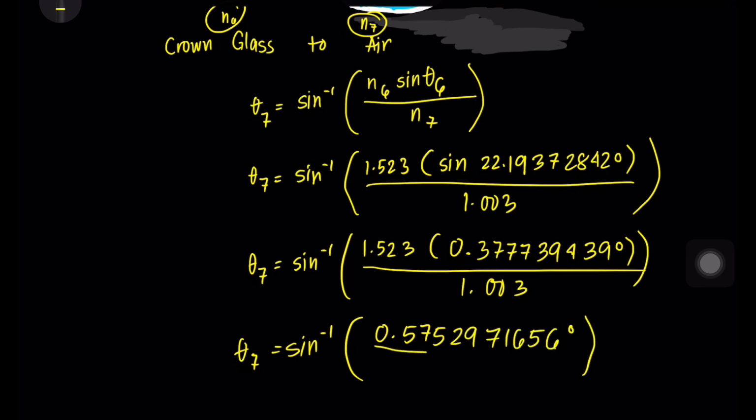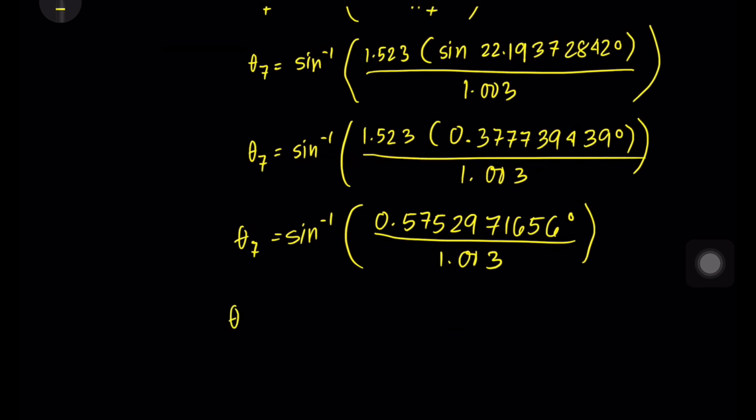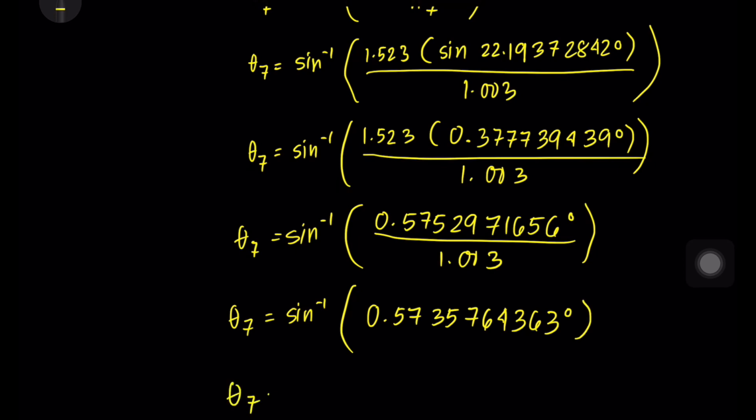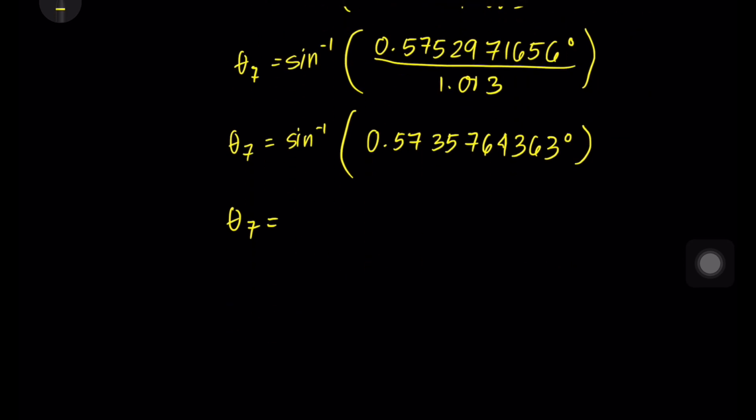We divide this by 1.003, and our answer here would be 0.5735764363. In your calculator, you simply click shift sine and then you hit equals. The answer now would be 35 degrees.